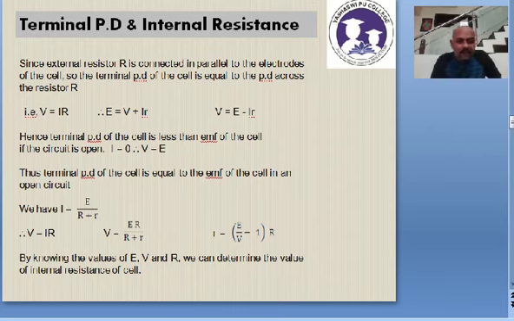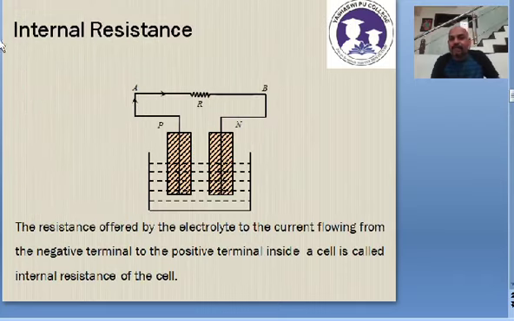To understand the terminal potential difference, again if you just observe this diagram, we have got the resistance R here, and notice that this cell means this positive and negative electrode dipped in the electrolyte solution. This entire thing acts as a cell.